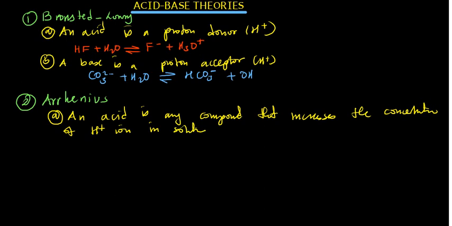So this is what we define as an Arrhenius acid. For example, any acid that is going to make a lot of hydrogens in solution is going to be defined as an Arrhenius acid.